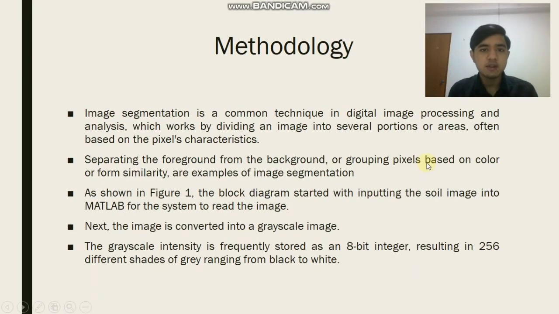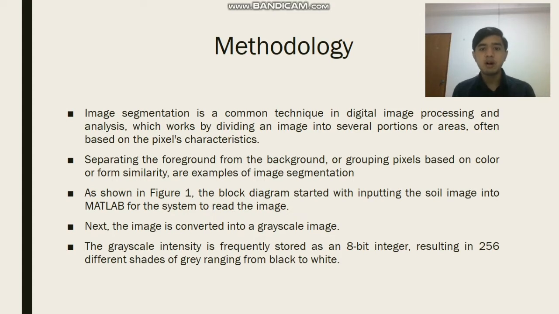In the explanation of this methodology, image segmentation is a common technique in digital image processing. In this analysis, we use it to divide the image into different entities, which may hold several portions or areas, and also to separate foregrounds from their background or group pixels based on color or form similarity.